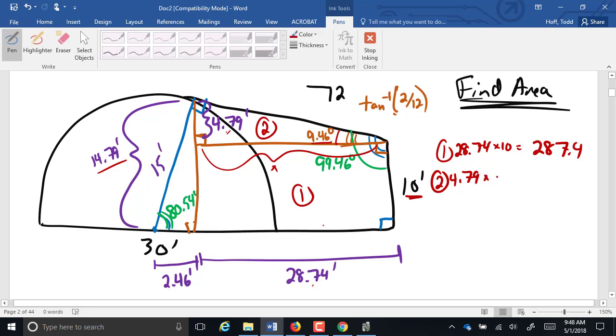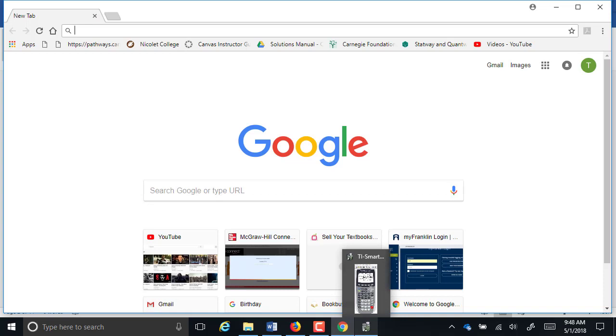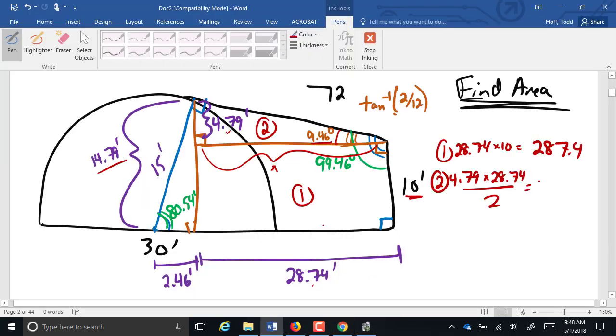So we got 4.79 times 28.74 divided by 2, which gives us 68.3, let's just go 68.